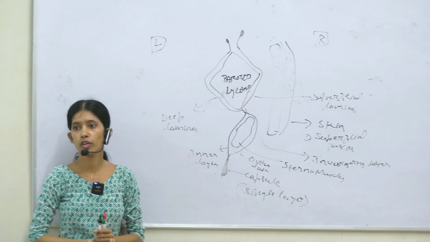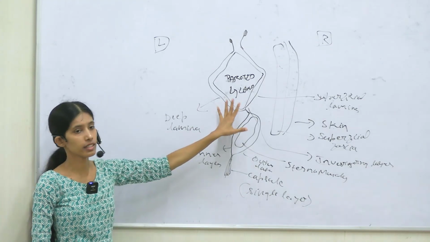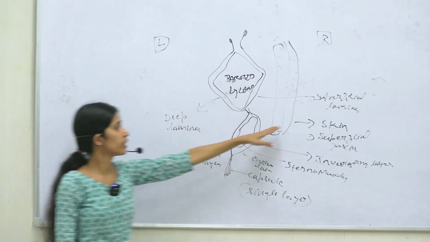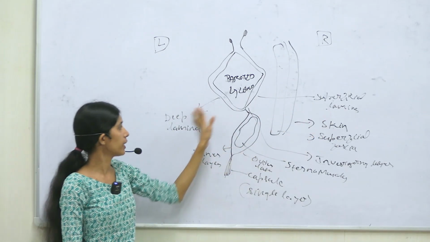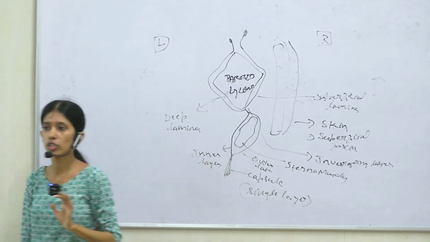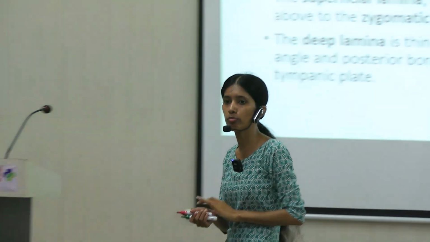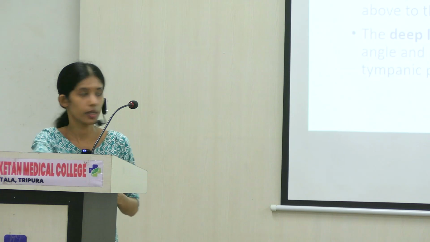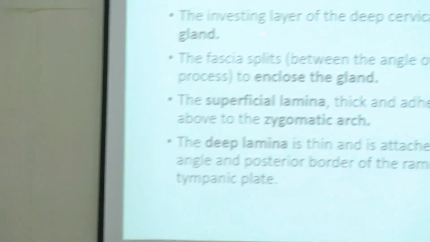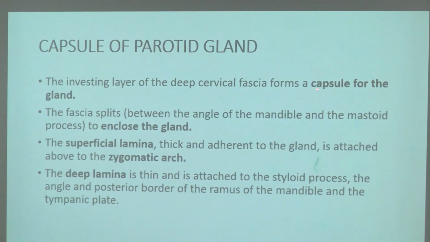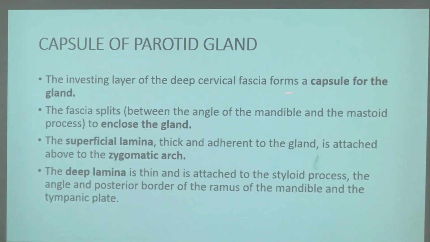The capsule of your gland is nothing but the deep fascia which has two layers, that is superficial lamina and deep lamina, that covers both your sternocleidomastoid muscle and also the parotid gland. The investing layer of the deep cervical fascia forms the capsule of your parotid gland.